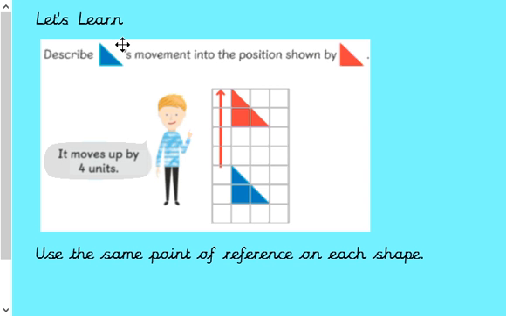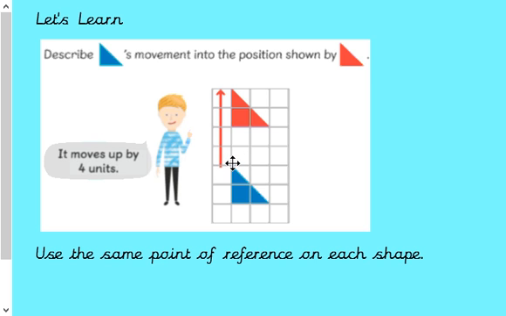Okay, let's learn. Well, the first thing we can see here, if we were going to move the blue triangle up to where the red triangle is, what we would need to do is think to ourselves, if I'm going to describe this translation, this movement, what I would need to do is take one point of reference, one point that we're going to move.